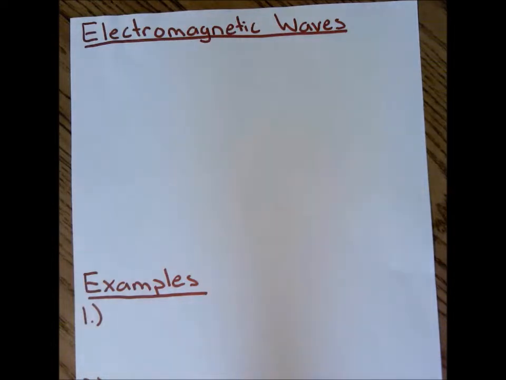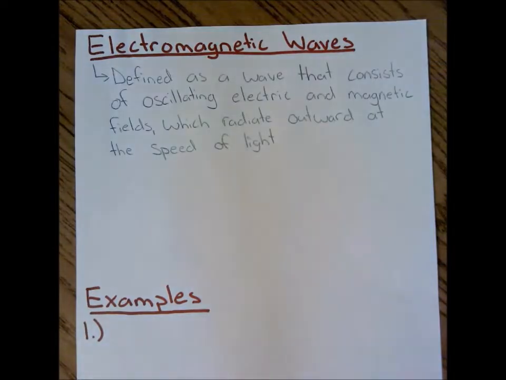So I said earlier that an electromagnetic wave was one of the few types of waves that does not require a medium. And to emphasize that point, or to answer the question why that is, what happens is that these electromagnetic waves are transferring energy by changing the electric and magnetic fields in space.